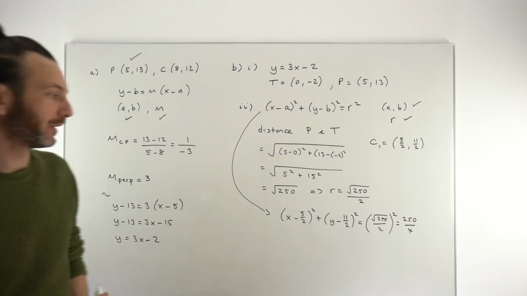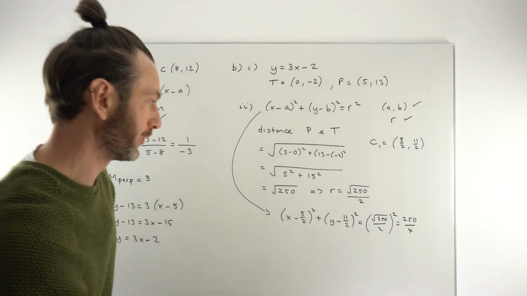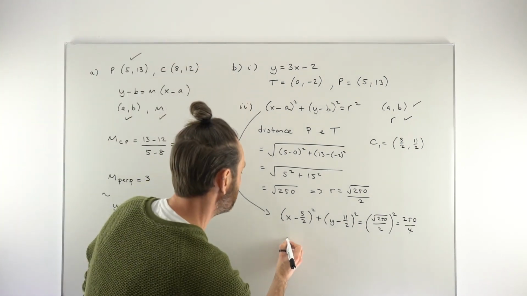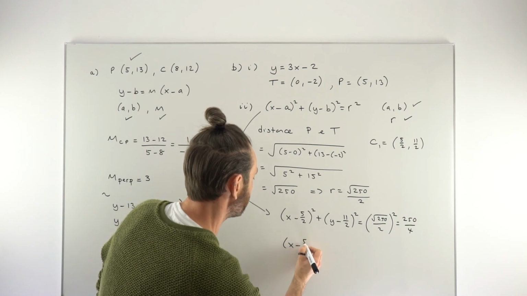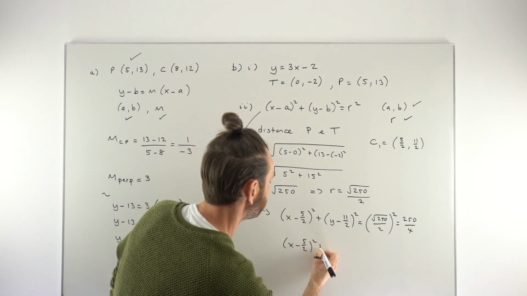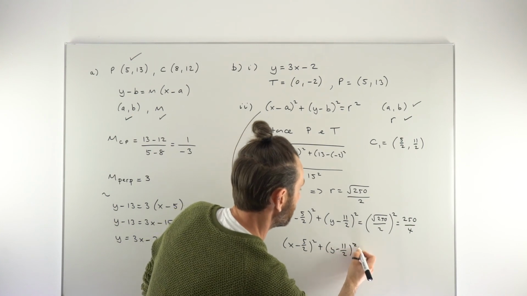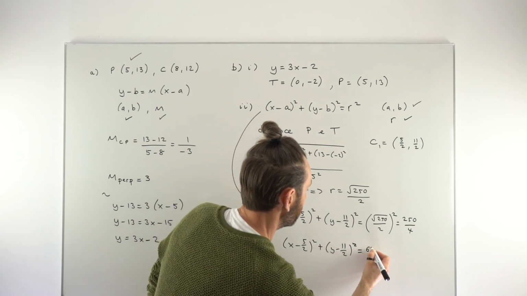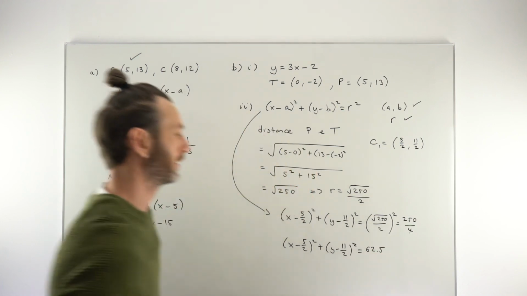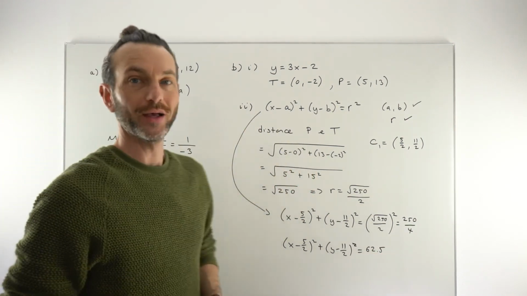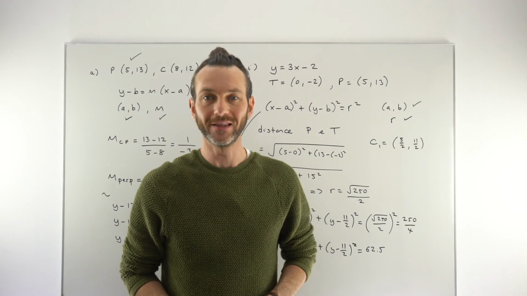And you could maybe leave it like that, or you could chuck that in the calculator to get a decimal number. So just pulling that down to get the final answer. So I think if you put that in the calculator, it comes out to be 62.5. Okay, so that is the circle we're looking for, and that's the end of that question.